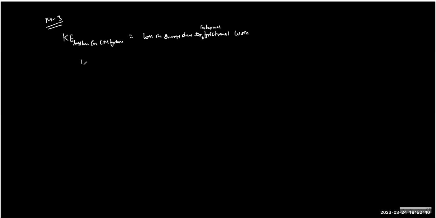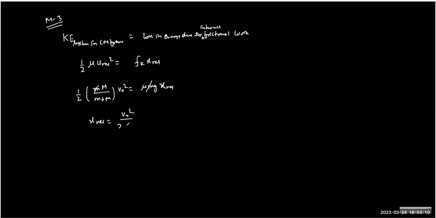Then you can write directly, there's a formula: half mu u relative whole square equals fk x relative. The mu is called reduced mass, if you remember, which is the product of masses over the summation of masses. The u relative is v naught, and fk is mu mg. And you can see that your answer is done in just this many lines.